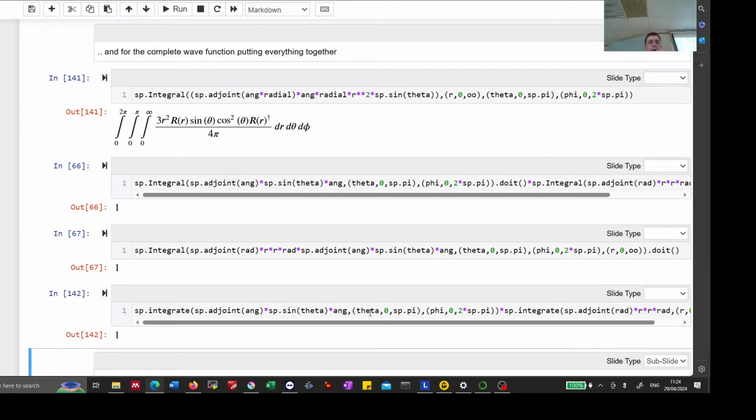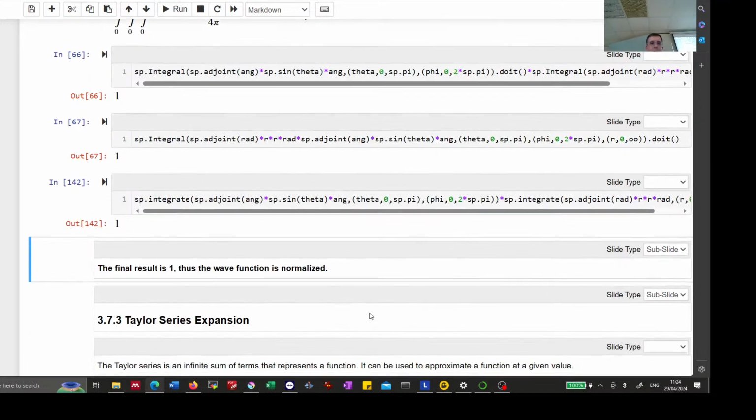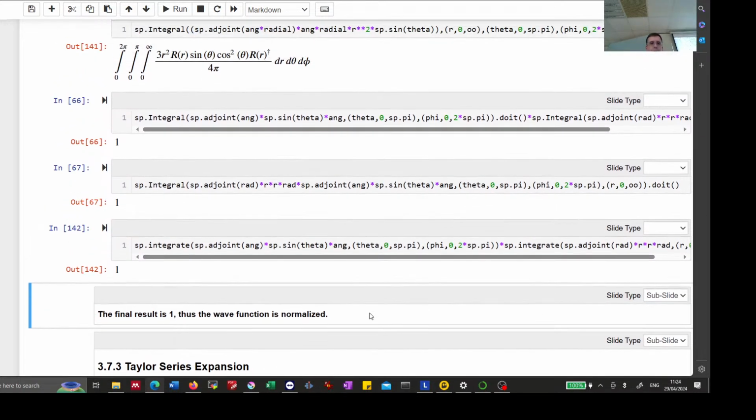Important to note is, do we answer the question? And at this point, yes, we have answered the question, because we see that the integral defined above for the chosen function turns out to be 1. Therefore, we can say the function is normalized. So far, so good? Can you all do this now?